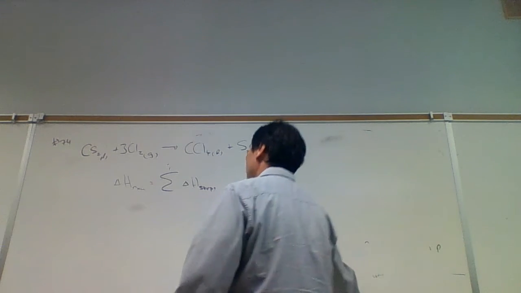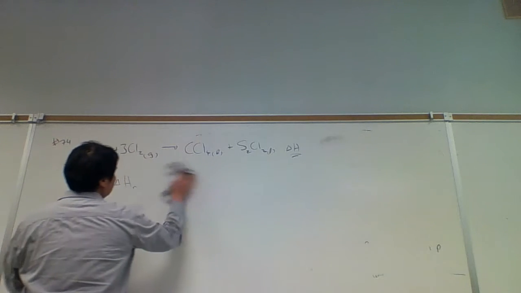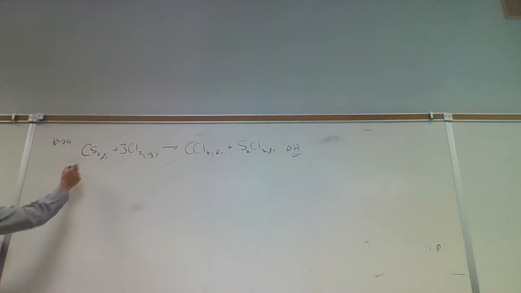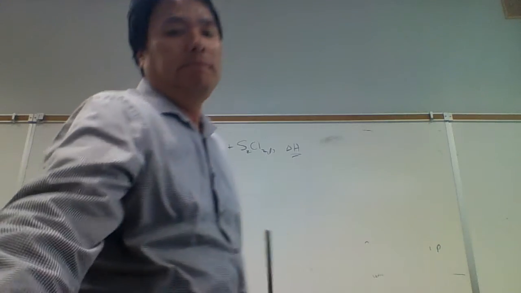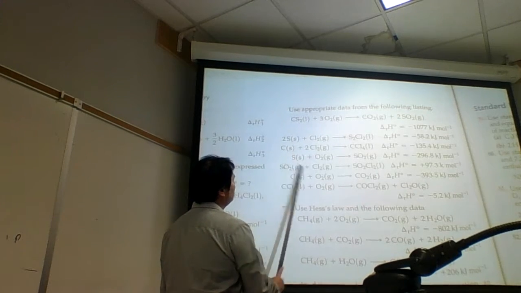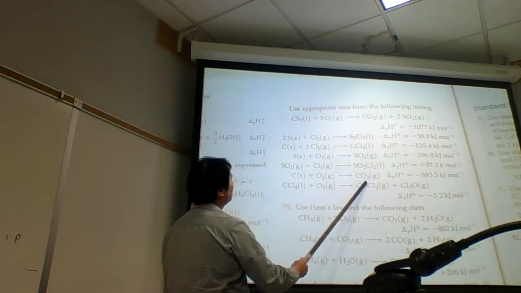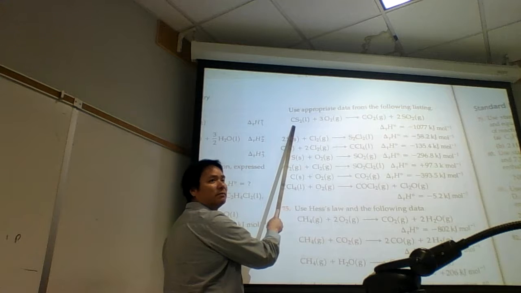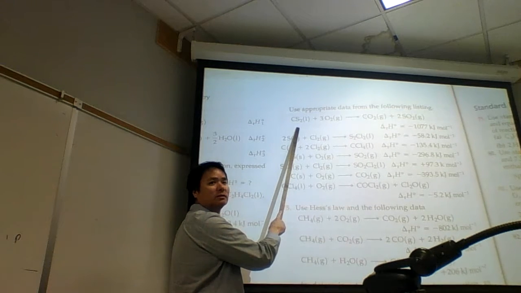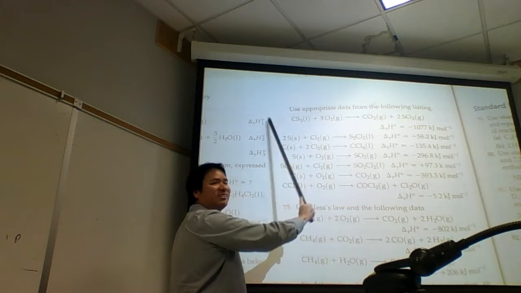Instead of doing that, we come up with a strategy. The strategy is I want 1 mole of CS2. So I look at this list and see, do any of these have CS2? Actually, this one does. In fact, this one has 1 mole of CS2, and a bunch of other stuff, but I don't care about the other stuff.